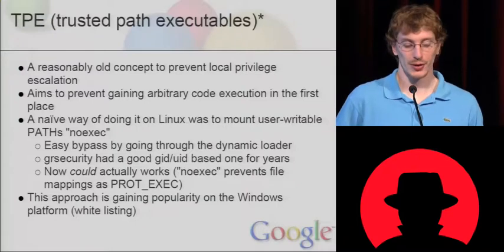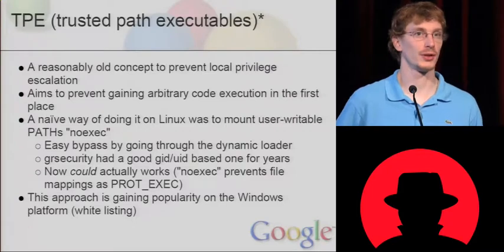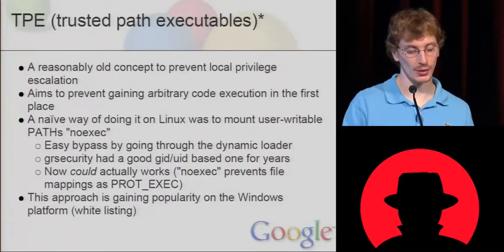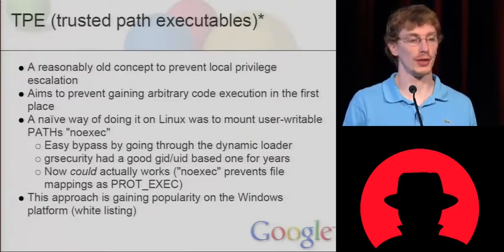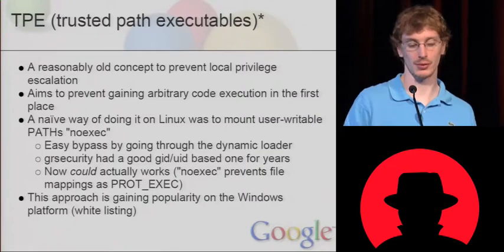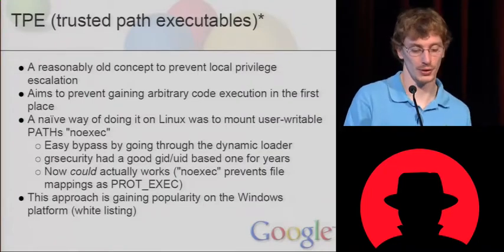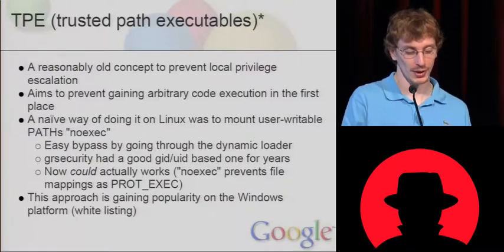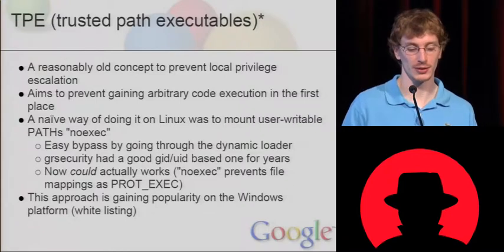There were trivial bypasses for this. For instance, for systems which already supported dynamic libraries at the time, you could just go through the dynamic loader, because the dynamic loader, ld.so, would be in a trusted path, and it would happily map your code and execute your code. grsecurity had a good GID/UID-based one for years.